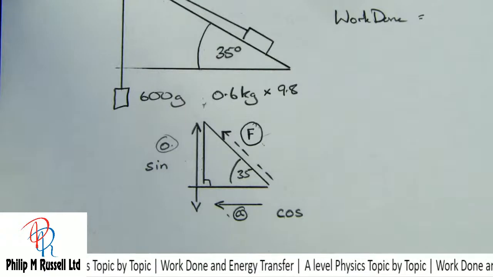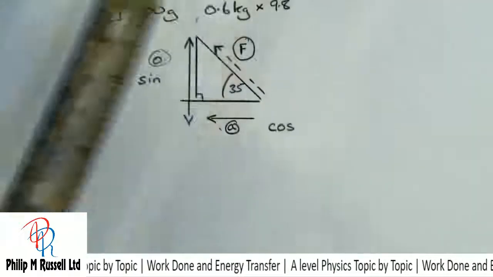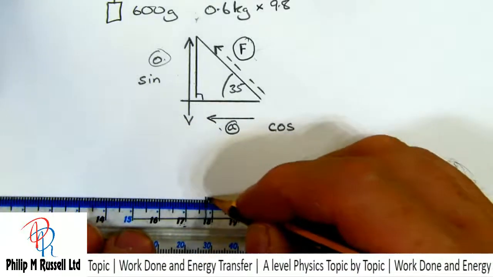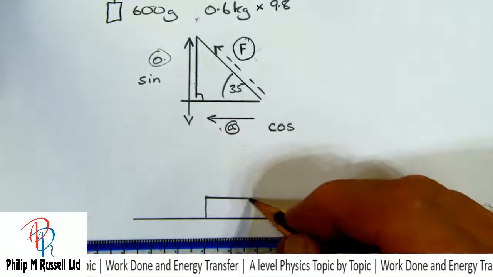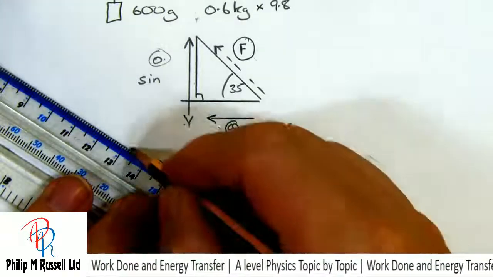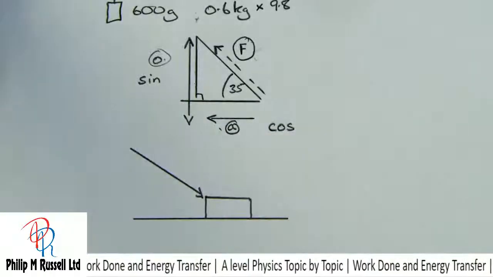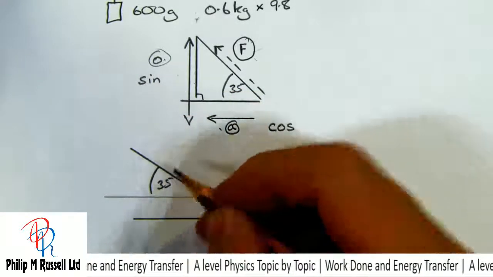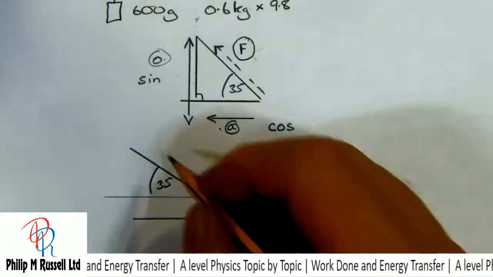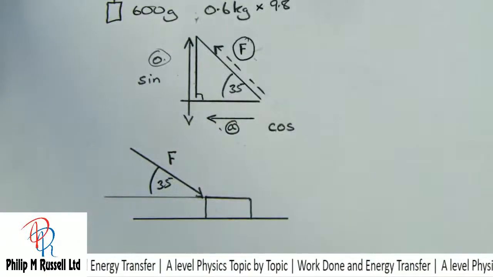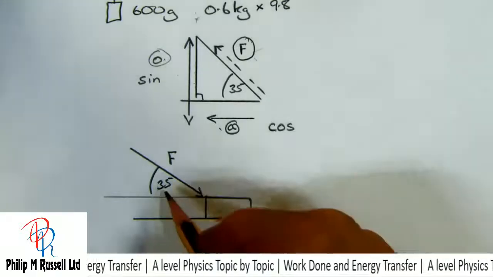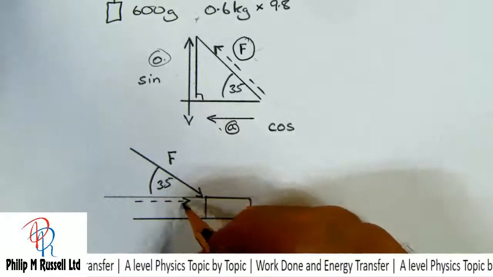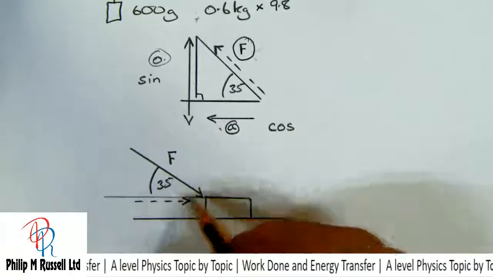So we can work out, for instance, in a slightly different way, if I've got a block being pushed along the ground, here I'm pushing at a force here, let's suppose it's 35 degrees again, to the angle, there's my force, then I'm trying to look for this particular direction, not the up and down, but the along.